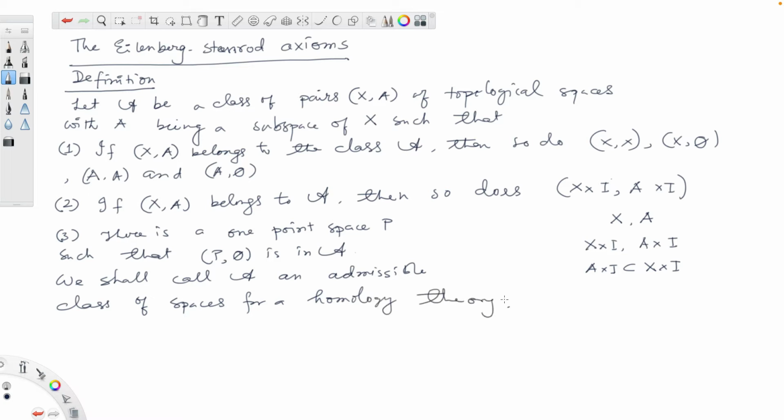Okay, so what we have is the class of objects here of a category. So we are going to call it the admissible category.